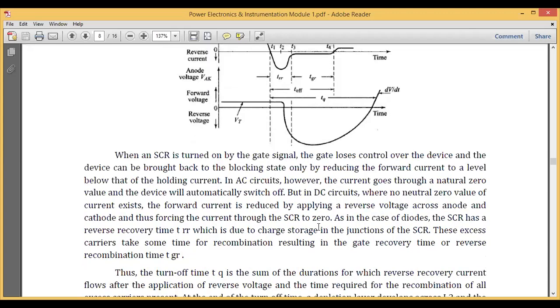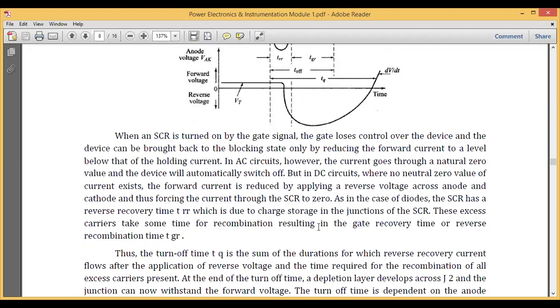But this is not the case in the DC circuit. In the DC circuit, when no natural zero value of current exists, the forward current is reduced by applying a reverse voltage across the anode and cathode, thereby forcing the current through the SCR to 0. The main difference between AC and DC is the frequency component.